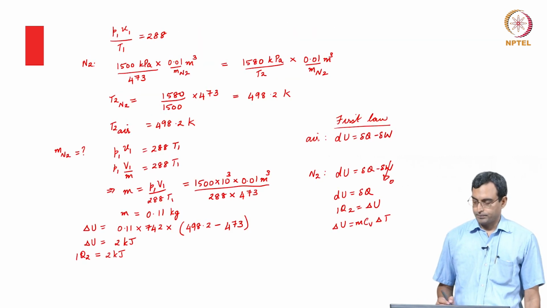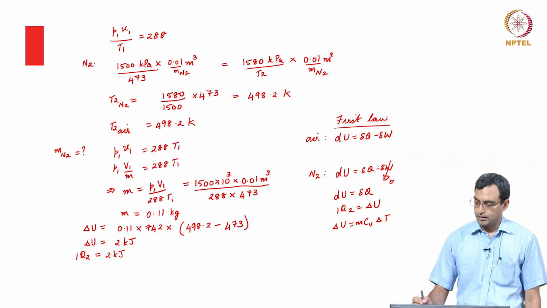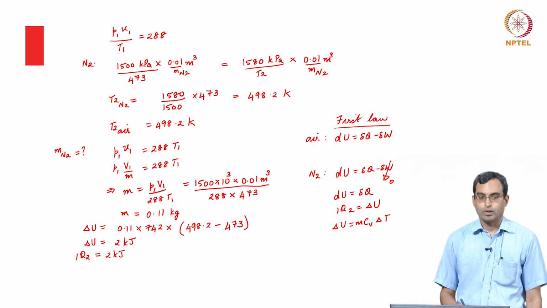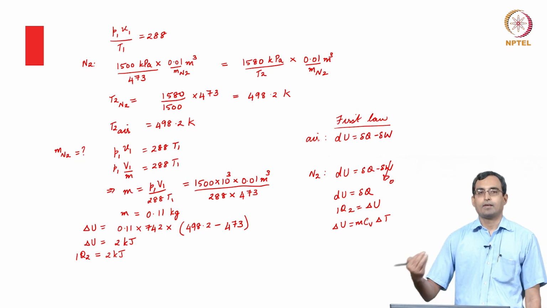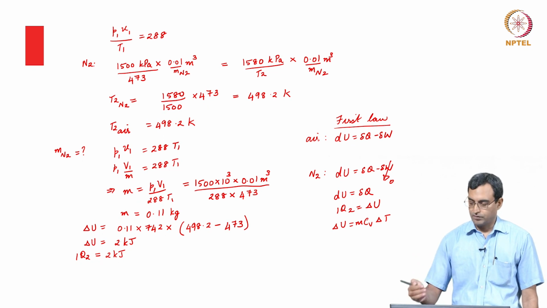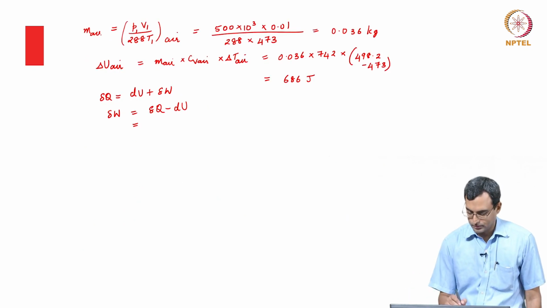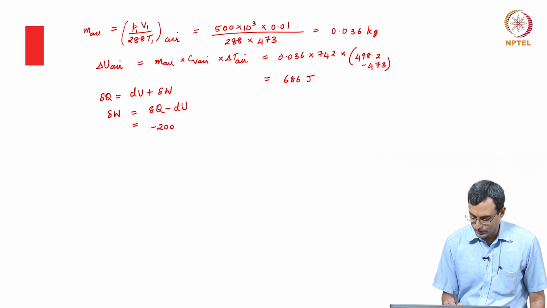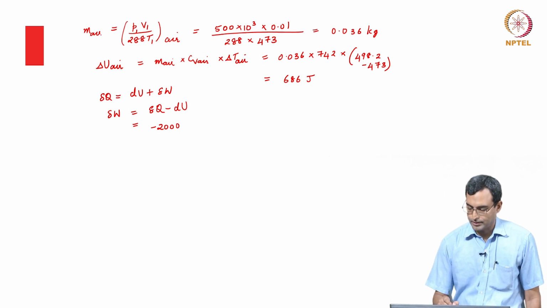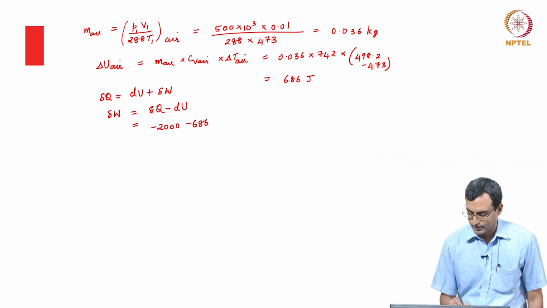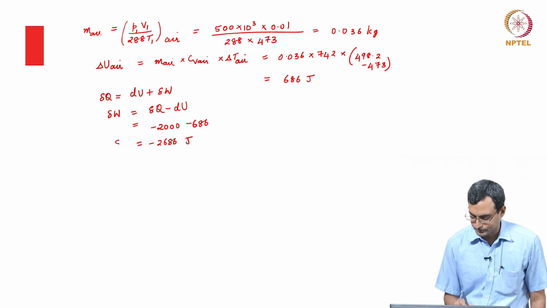DelQ for the nitrogen was 2 kilojoule. So, that is heat received by the nitrogen is positive. So, for the air it must be minus 2 kilojoule. So, I will write it in joules, it is minus 2000 minus 686, which we get as minus 2686 joule, and we call this 1W2.